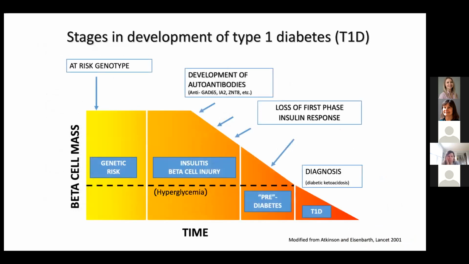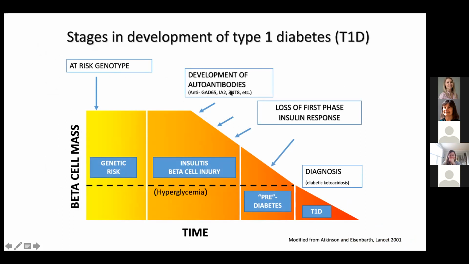If we take a step back and look at the progression of type 1 diabetes, here I'm plotting time on the x-axis and beta cell mass on the y-axis. In genetically at-risk individuals, environmental triggers and autoimmune reactions are initiated. The hallmark we use to identify the initiation of islet autoimmunity is the presence of several autoantibodies against islet cells.